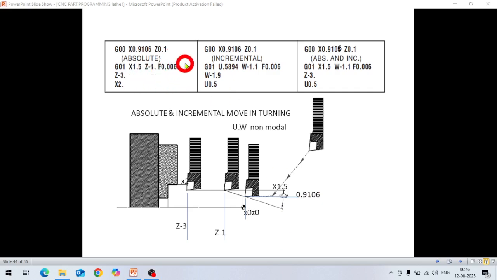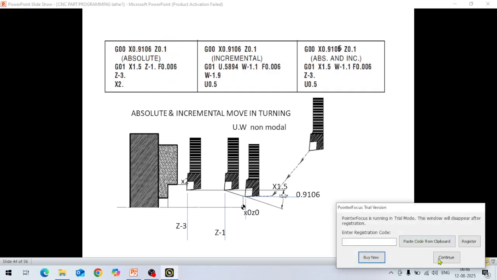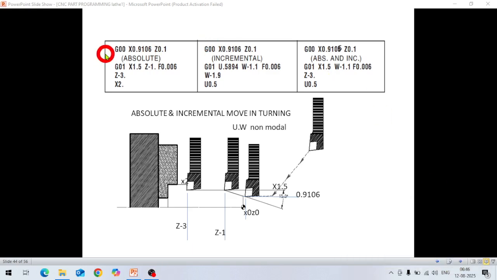Okay, so there are 3 columns. In the first column I have explained how to take cut in absolute mode. In the first line, if you see here, G00 means it is a rapid move, X 0.9106 and Z 0.1. 0.1 means this is a safety plane or retract plane.